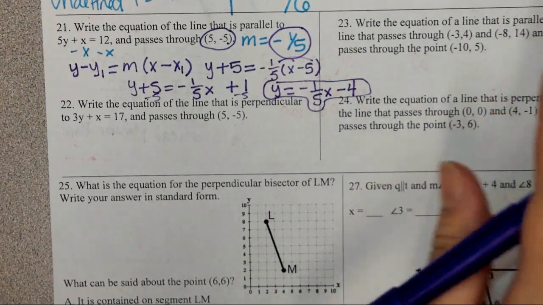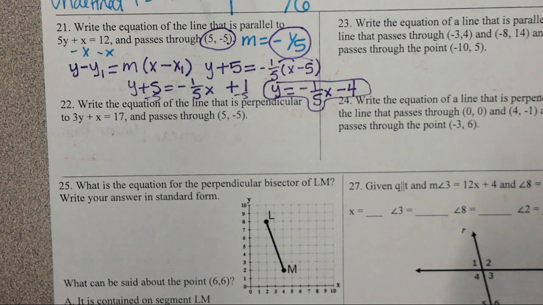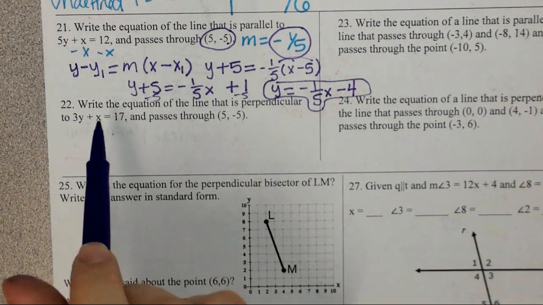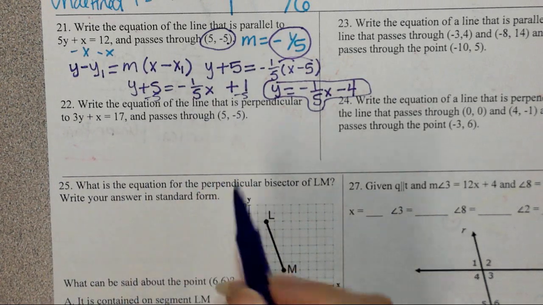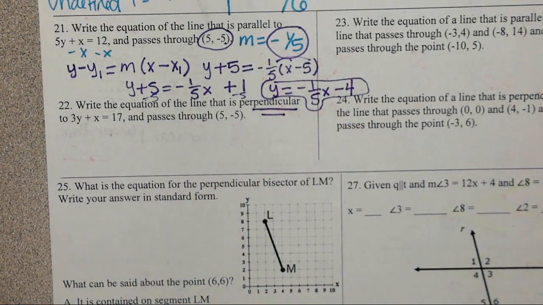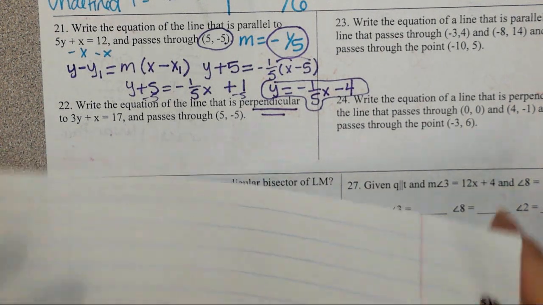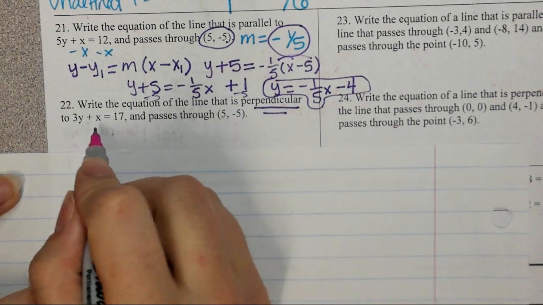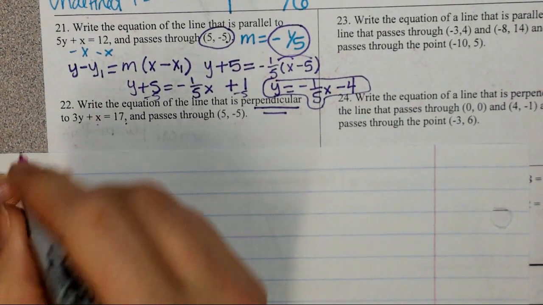Okay, so 22. We've got the equation 3y plus x equals 17 and passes through (5, 5). We want to be perpendicular to this equation. So we need to get our slope first. All right, so I'm going to start by subtracting x.